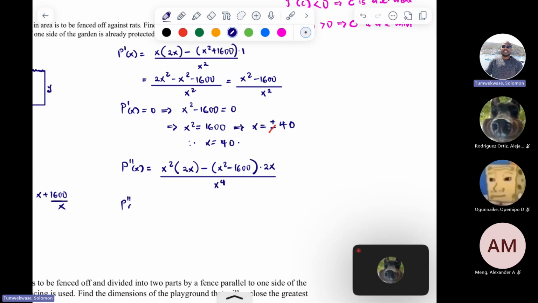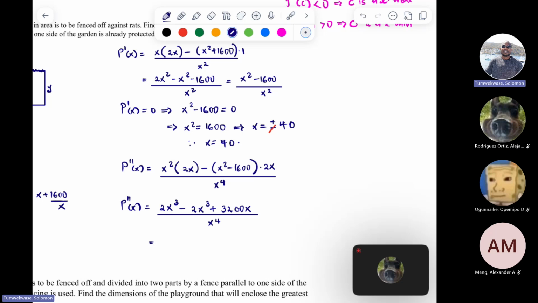So p double prime of x is the same as 2x cubed minus 2x cubed, I hope you can see that, then plus 3200x, and the whole of this over x to the power 4.